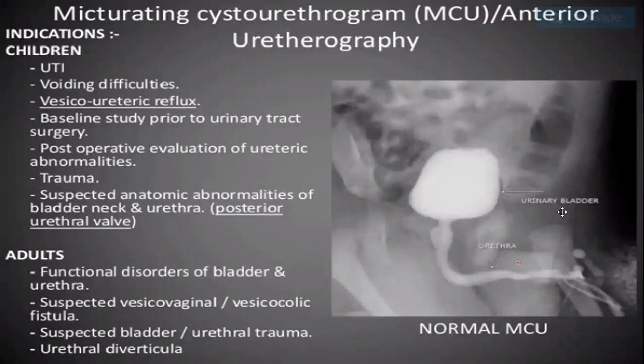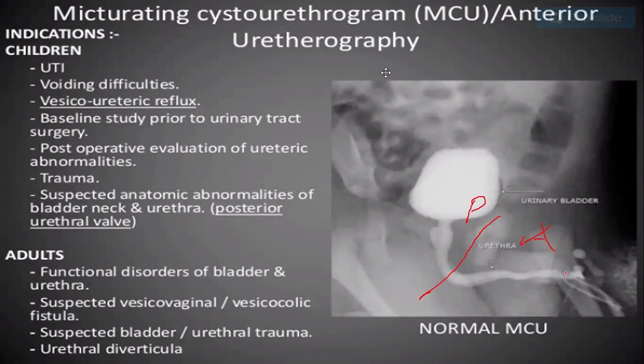So don't forget, Doctor. So this is the urethra. The urethra is divided into two, anterior and posterior urethra. What are the parts of the anterior urethra?